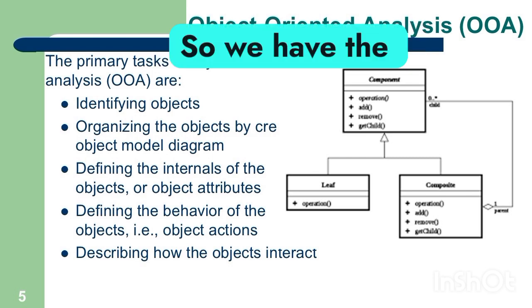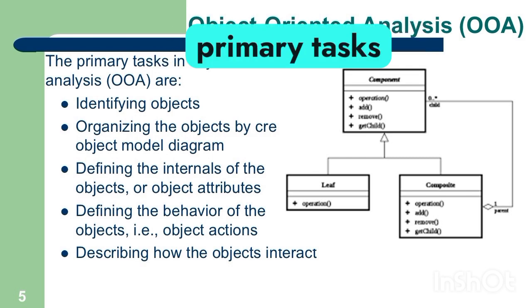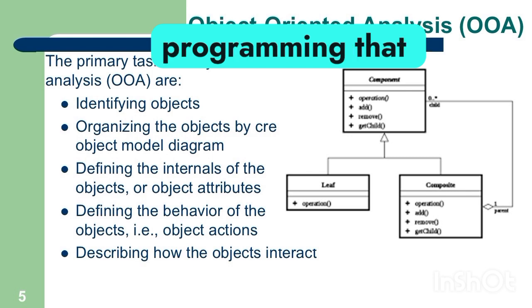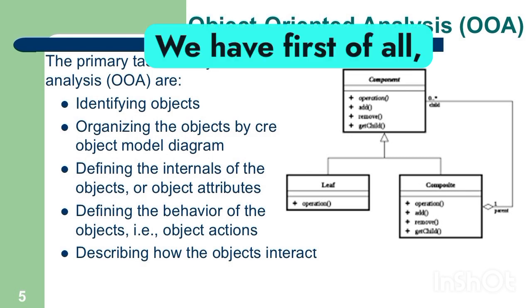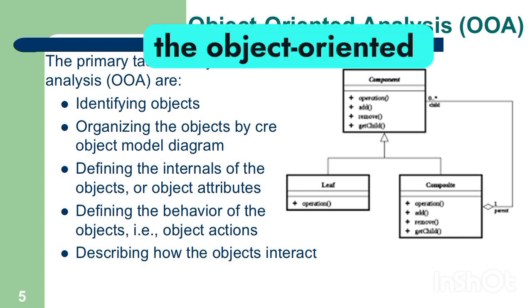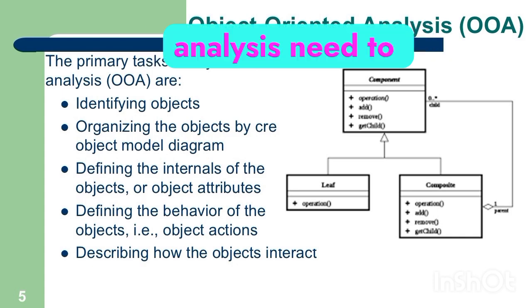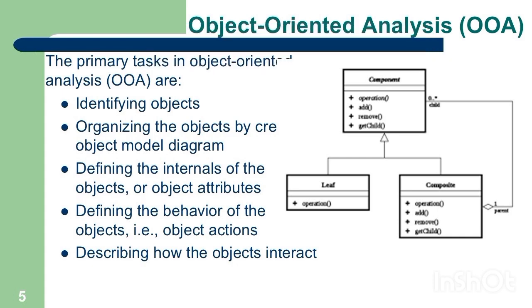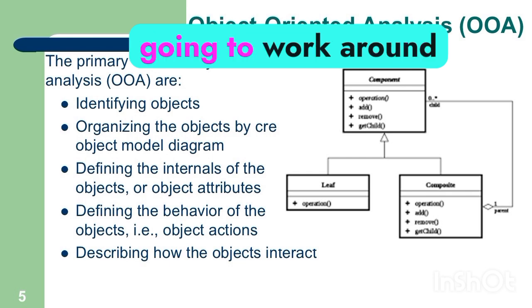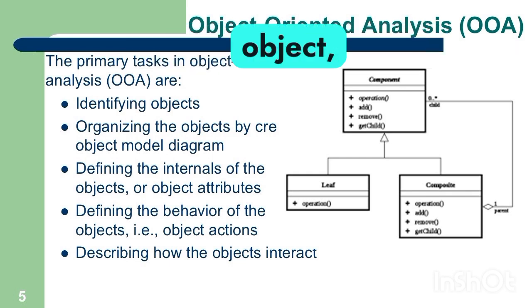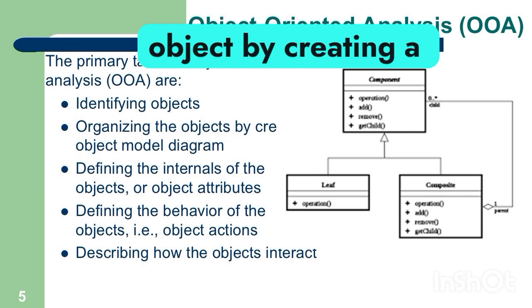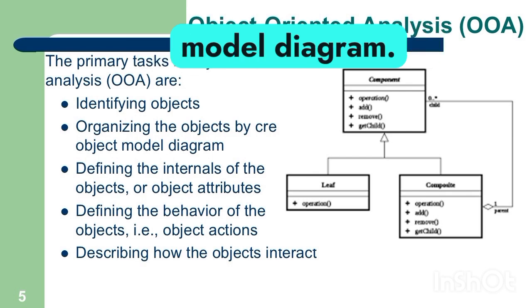So we have the primary tasks that object-oriented analysis needs to perform. And what are the tasks? First of all, the object-oriented analysis needs to identify the object. What object are you going to work around? You specify this object, then you organize the object by creating a model diagram.